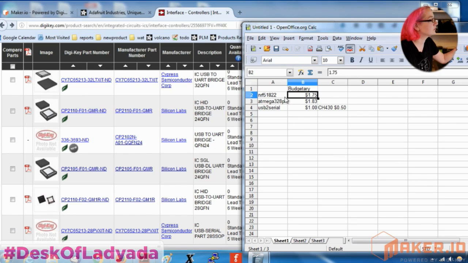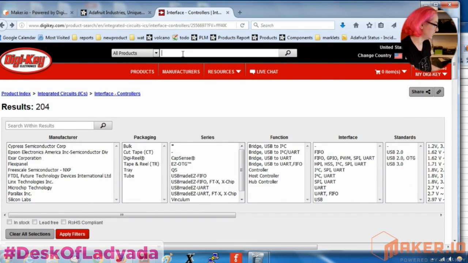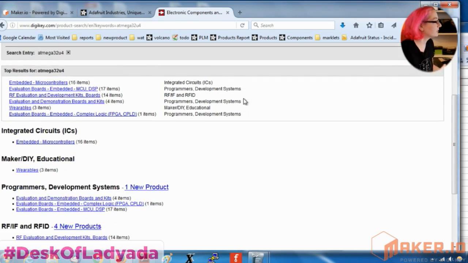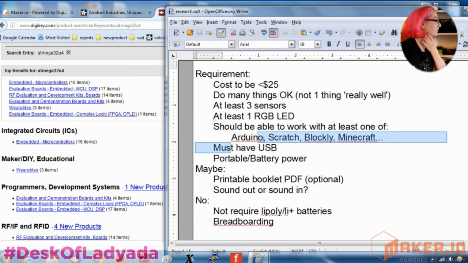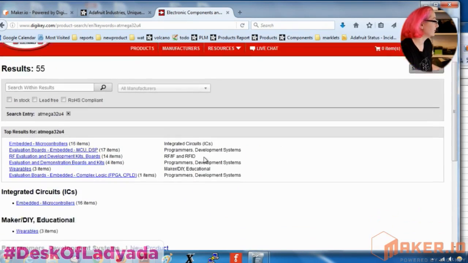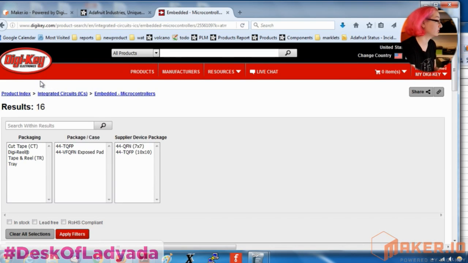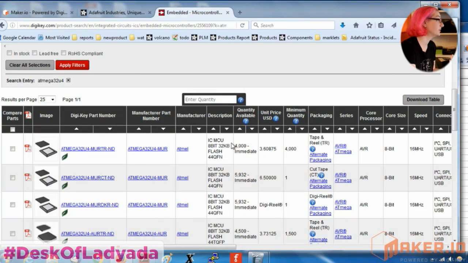So basically, this is what I'm looking at if I wanted to use Bluetooth or Arduino compatible. And then there's another option, which is an Atmega 32U4. This is also an Arduino compatible chip because, again, I want it to be Arduino compatible. The Atmega 32U4 has USB built in, so I don't need that extra chip, which is kind of sweet, but it's a little bit more expensive.